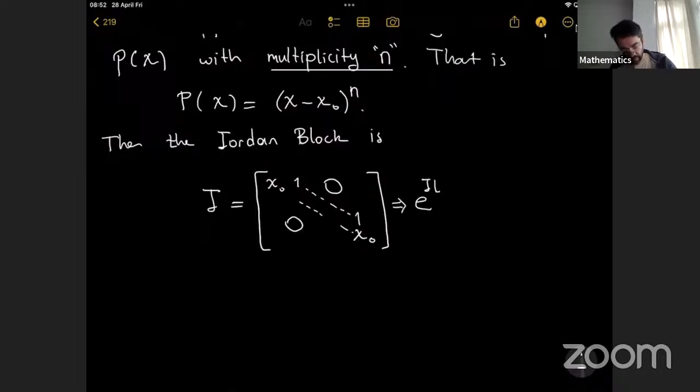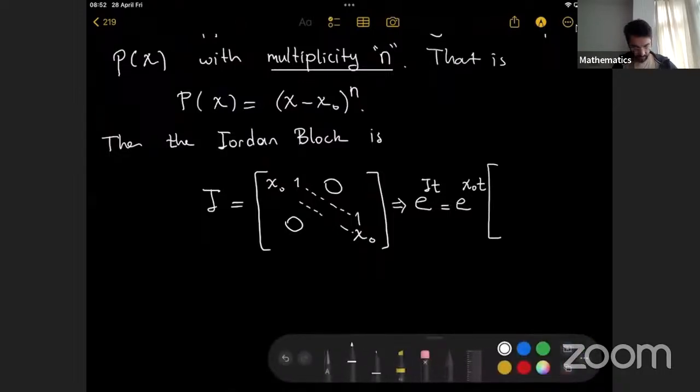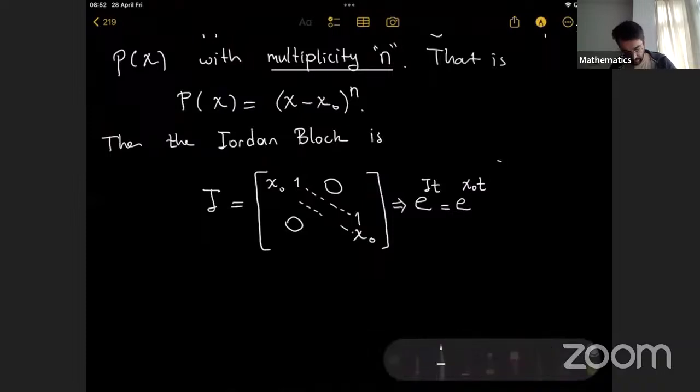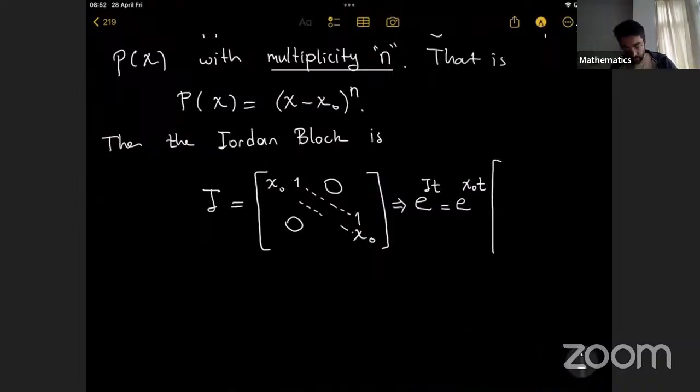Remember, the exponential is e to the lambda 0 t times this matrix: 1, t, t squared over 2, and it goes like that, up to t to the n minus 1 over (n minus 1) factorial.